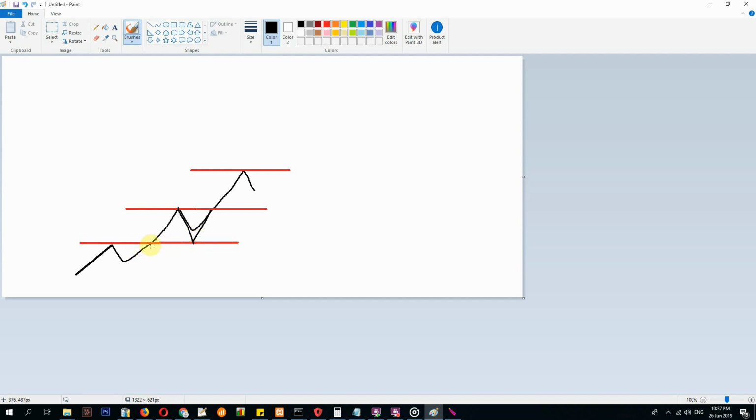Inig-break sa resistance, the red one, inig-retrace or pullback, mahimo na siyang support. Same thing here, inig-break ani nga resistance, inig pullback, mahimo na siyang support. So ngano man na siya? This is actually just human psychology.